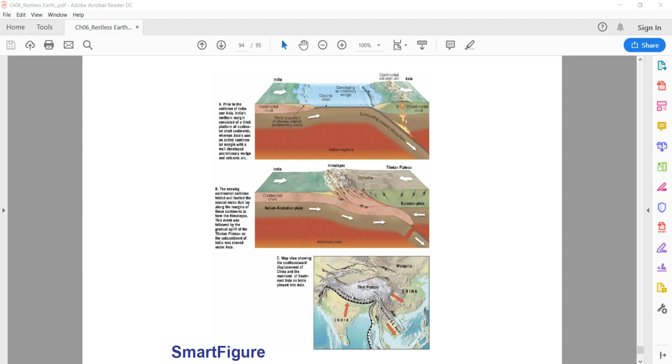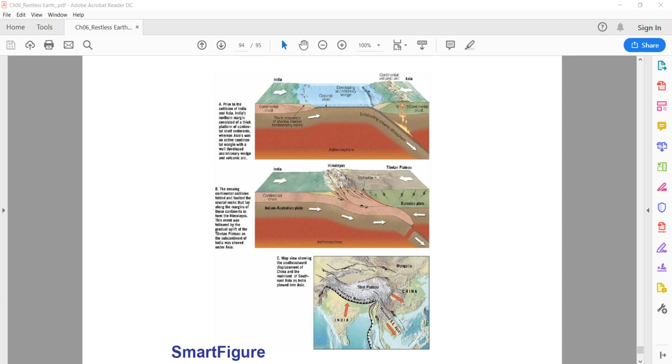It will just collide against this Asian plate, and due to this collision you will have the formation of mountains, and there will be a thrust fault range, and then you have lots of folding here. So you have lots of these geological features that will form right here due to the collision between the Indian plate and the Asian plate, and both are continental plates.